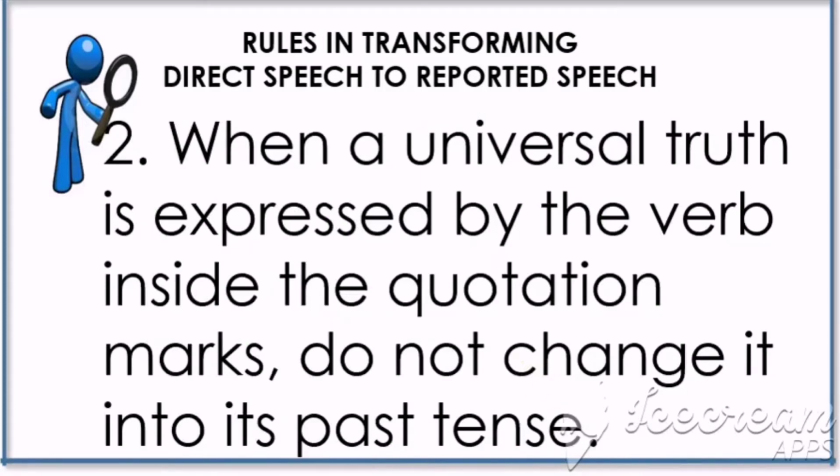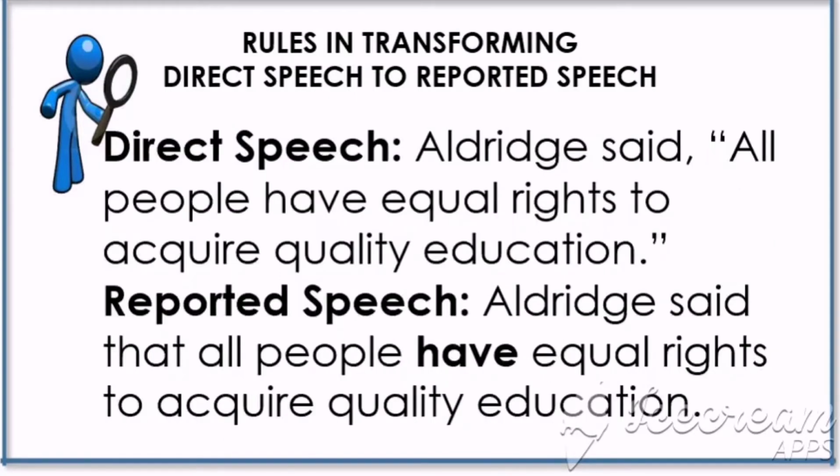Rule number 2. When a universal truth is expressed by the verb inside the quotation marks, do not change it into its past tense. Now, if the tense of the verb here is in present tense, all you have to do is not change any form of the verb.